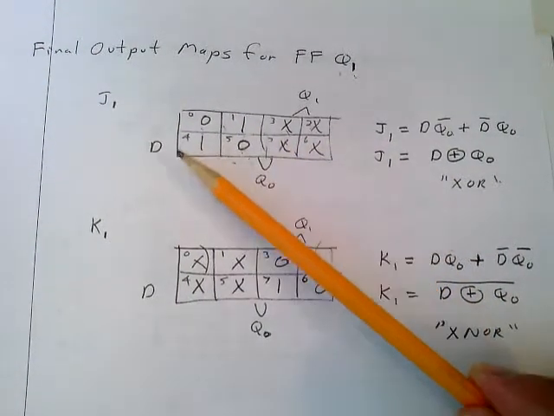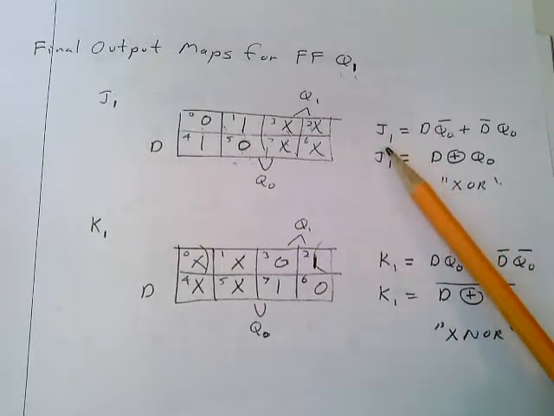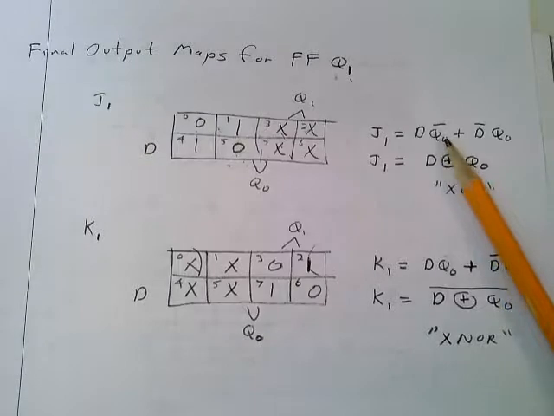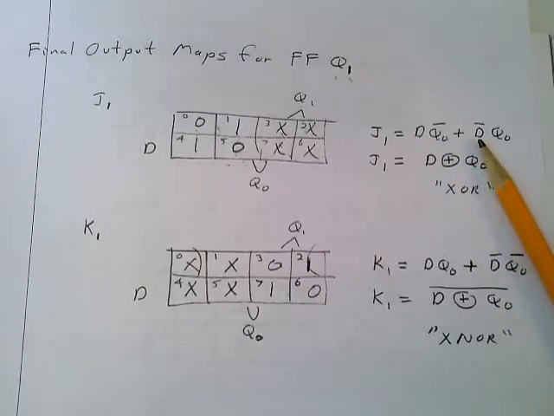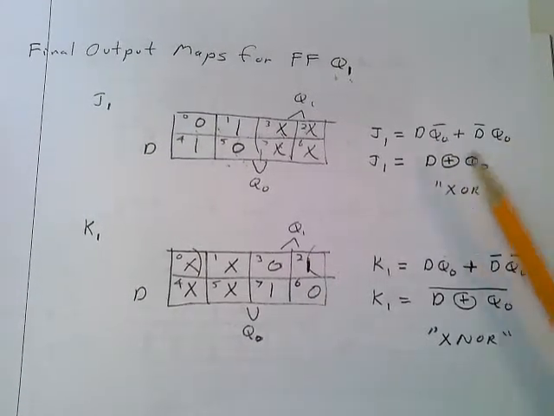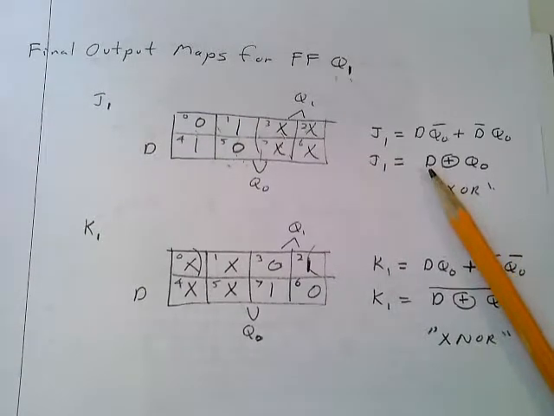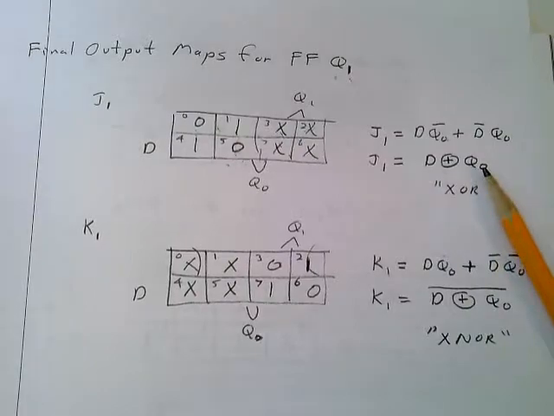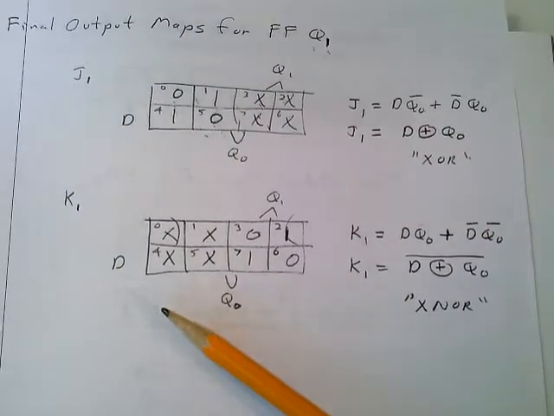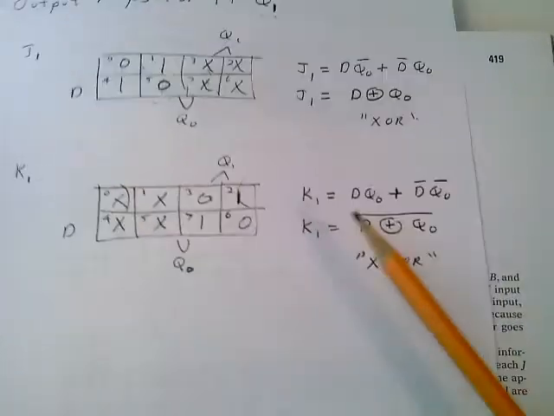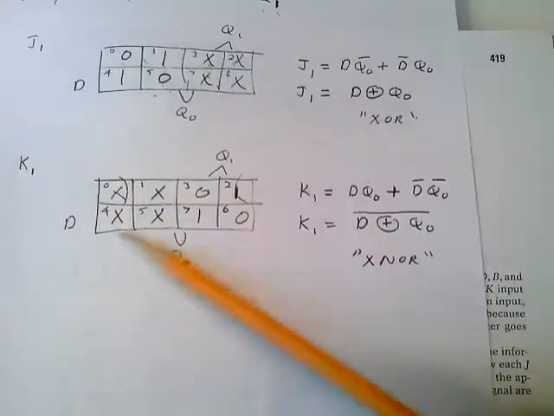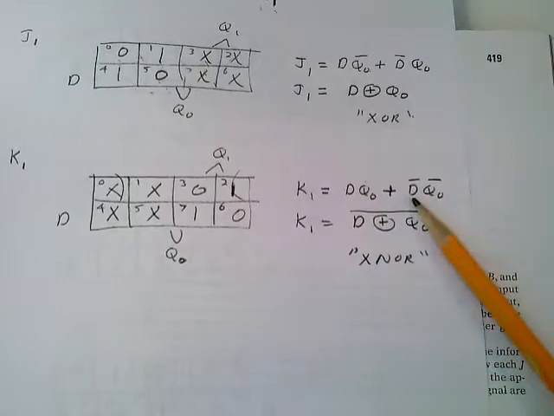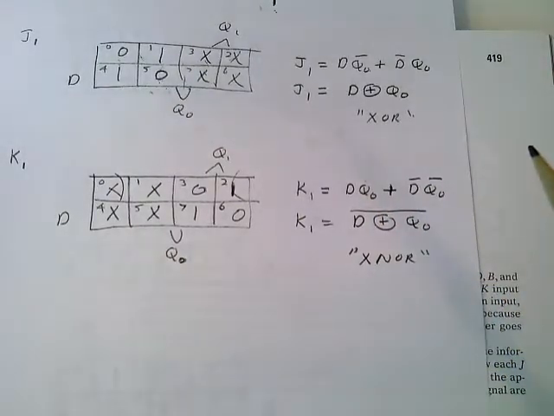Notice that I can form my output expression for J1 using K-maps, which is D Q0 bar or D bar Q0, which is the exclusive OR of asynchronous input D and Q0. My K1 turns out to be, using K-map reduction, D Q0 or D bar Q0 bar.